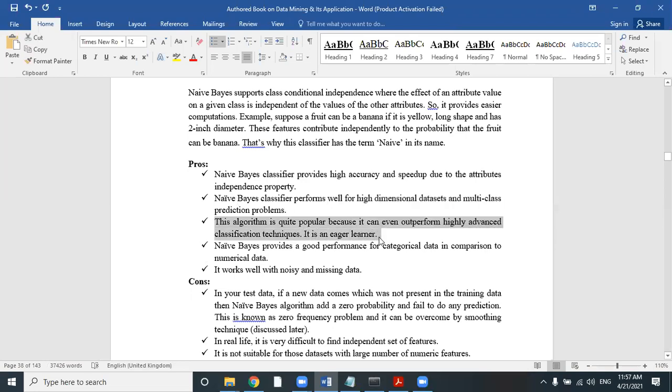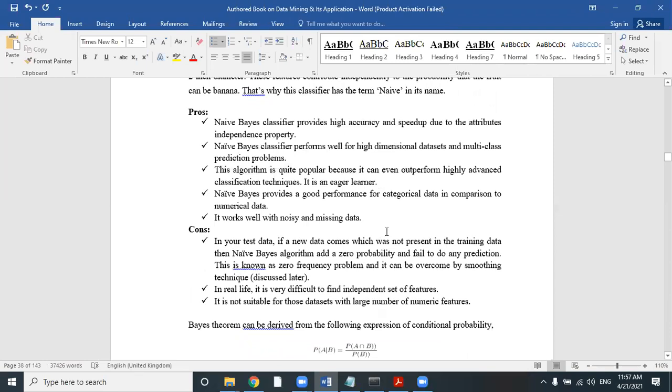It is an eager learner. There are two kinds of learners: lazy learner and eager learner. A lazy learner example is KNN, K nearest neighbor. I gave you a midterm question: why does KNN require more time in the training phase instead of the testing phase?